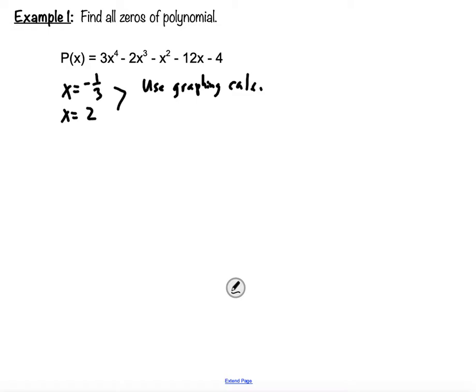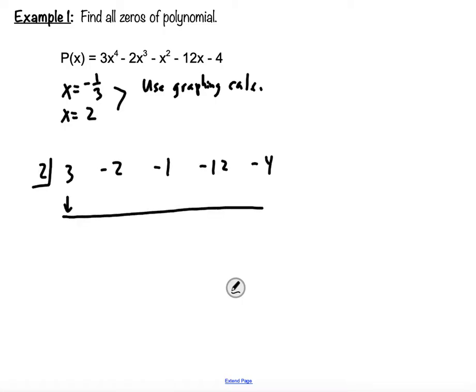Now we're going to have to see about the other two. It says x to the fourth, so we need to have 4 zeros. So let's use synthetic division and see if we can get this down to a quadratic. Using the 2 there, I'm going to put it in a box. The numbers I'm writing down are the coefficients, the numbers right in front of each of the x terms. x to the fourth has a 3, and I just go across and write them down.